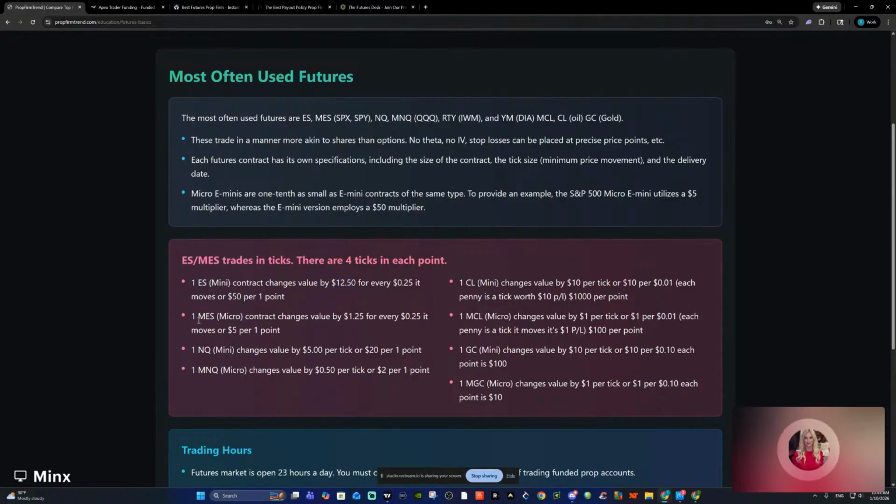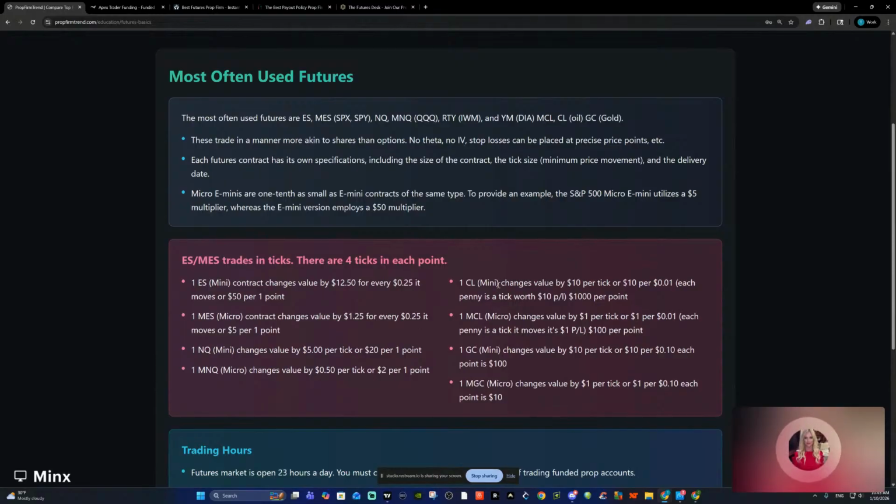The micro E-minis are 1/10 the size of E-mini contracts of the same type. One MES, or the micro contract, changes value by $1.25 for every 25 cents that it moves, or $5 per point. If you're trading NQ or NASDAQ, it changes $5 per tick or $20 per point, and the micro version changes value by 50 cents per tick or $2 per point.